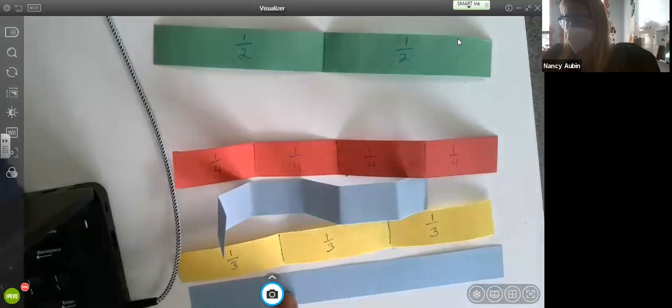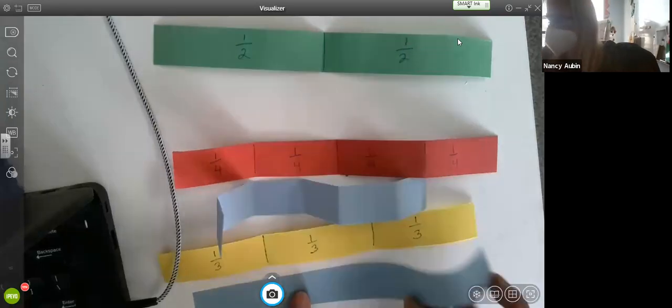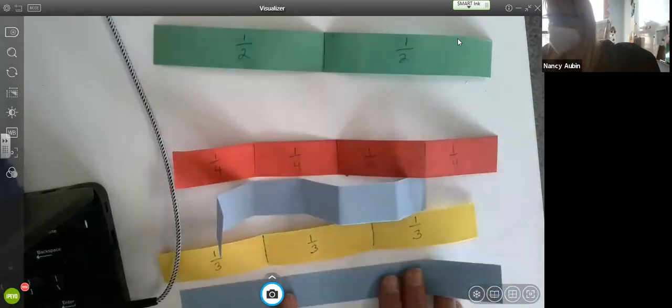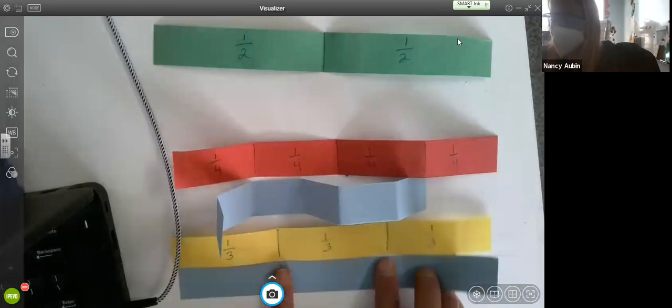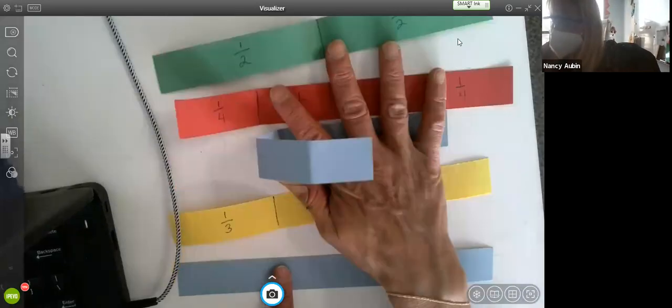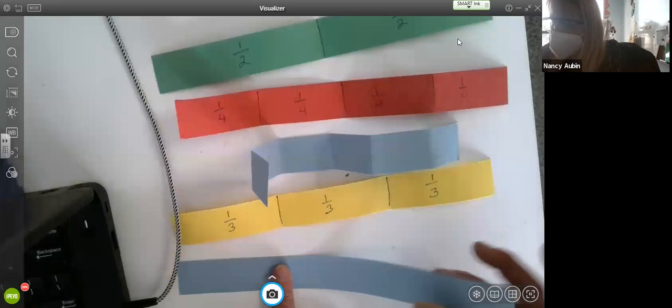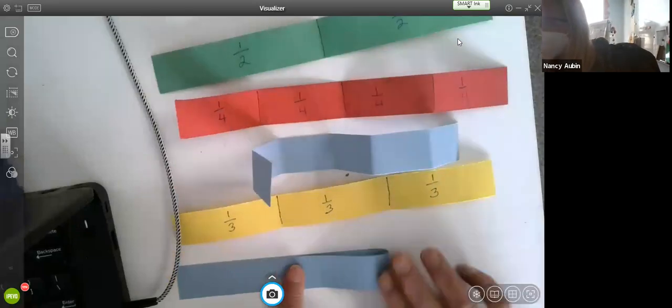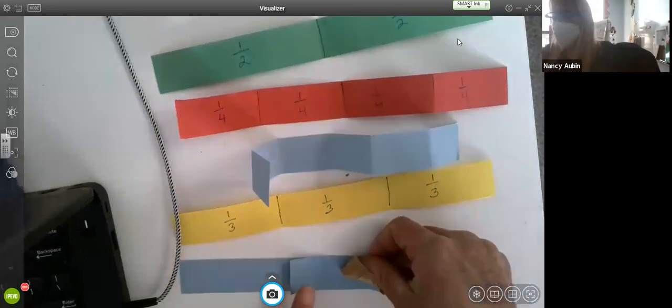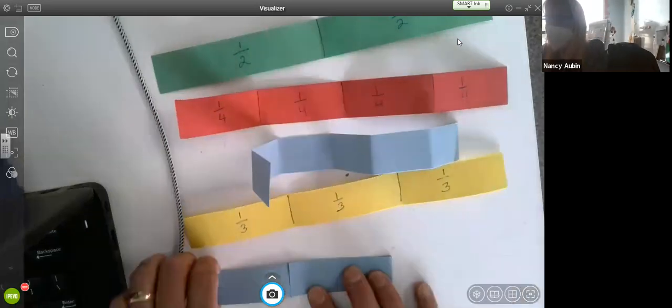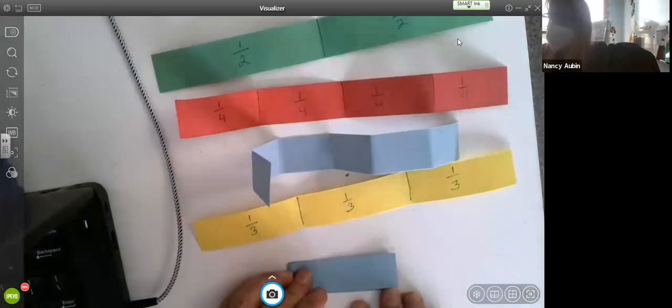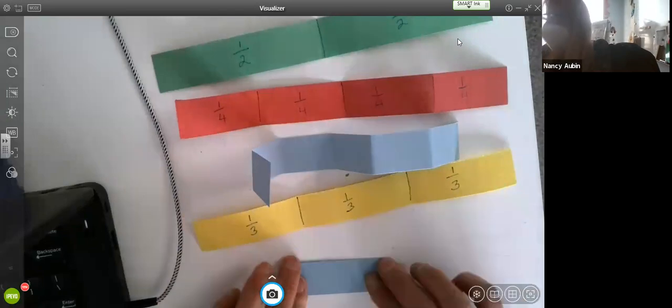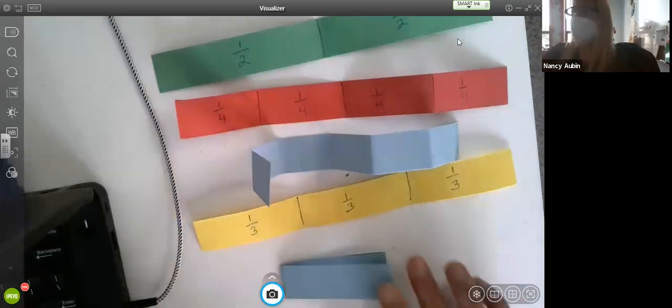So if I went ahead and did thirds again, just watch, eyeballing my thirds, fold it to about the halfway point there where I'm going. Once I have thirds, what do I have to do to my thirds to get 6? Do it again. Not do it again, that would be ninths.